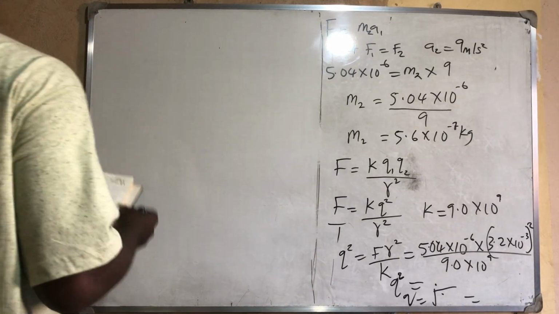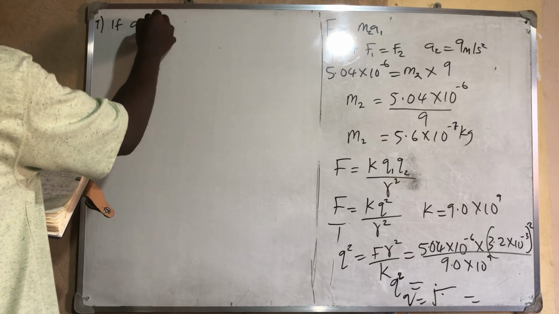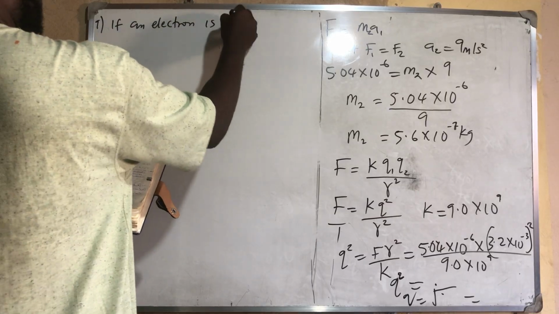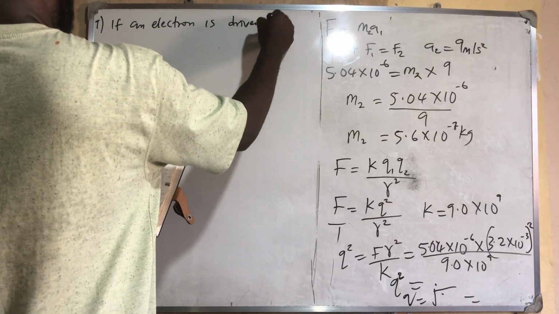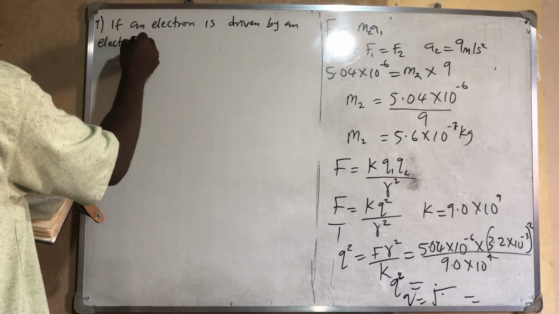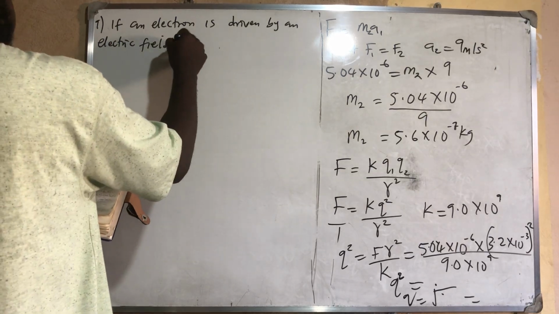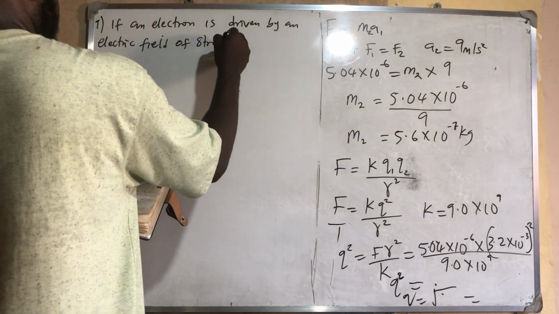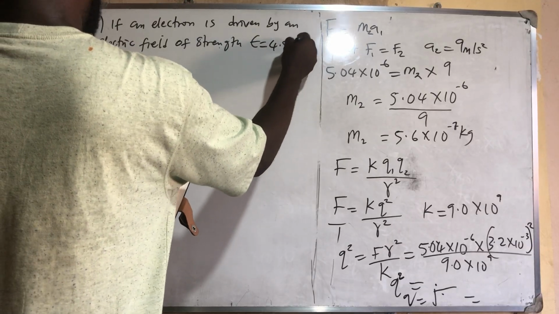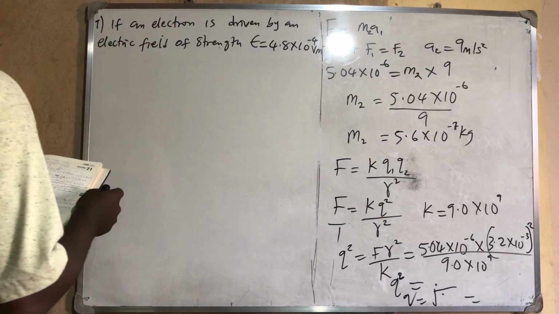The next question, question number 9, said if an electron is driven by an electric field of strength E equal to 4.8 times 10 raised to power minus 4 volts per meter. I told you that I can use any SI unit they like.